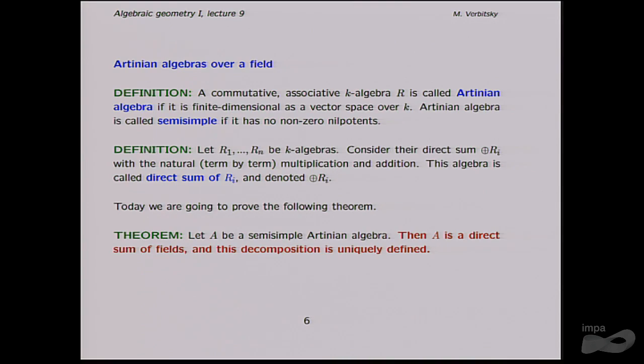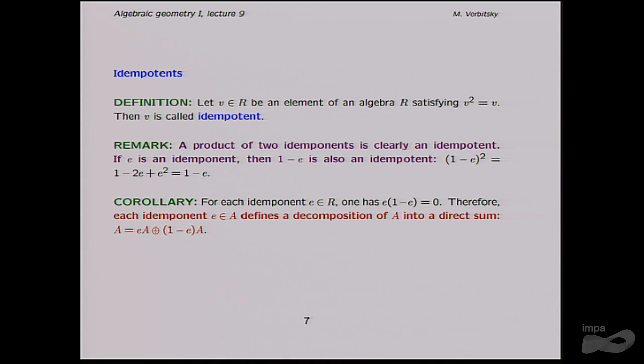More questions, comments? Okay. So how do we describe these subfields? Well, they have their own units. How do you know these units? They are elements which are squared to themselves.